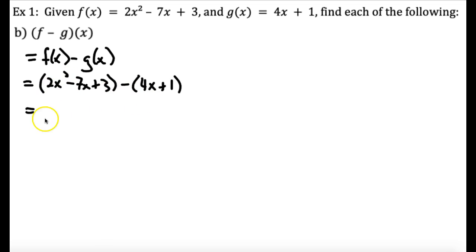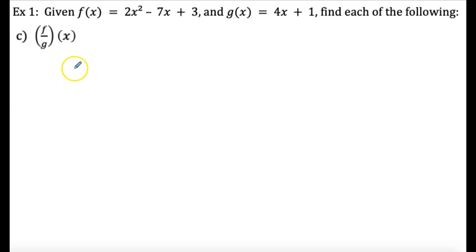So 2x squared, there's nothing to combine that with. But now I've got negative 7x minus 4x. That's going to get me negative 11x, and 3 minus 1 will be positive 2. So it's important to make sure that we use parentheses so that we see that negative sign ends up getting distributed to every piece in the second function.